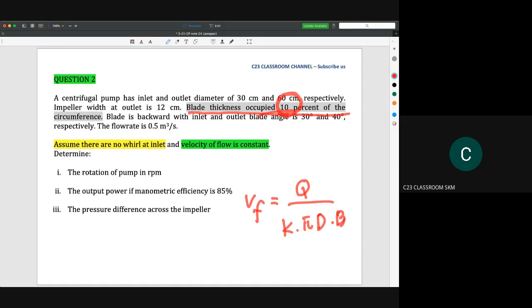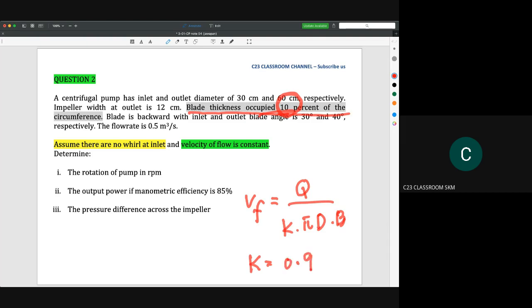So water only can go through 90% from the total cross-section area. So in this case we could take the value of K is 0.9.